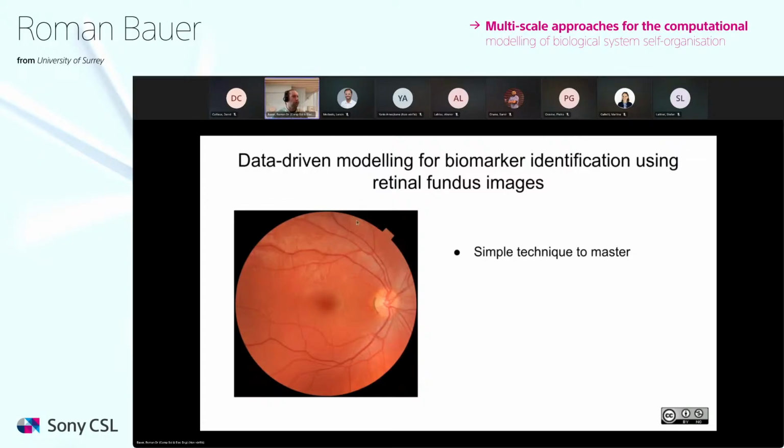So what is a retinal fundus? The retina is a neural tissue at the rear of the eye, and it can be imaged, or one can create photos of the retinal fundus, very easily. You don't need to be a doctor to be able to create a retinal fundus image.